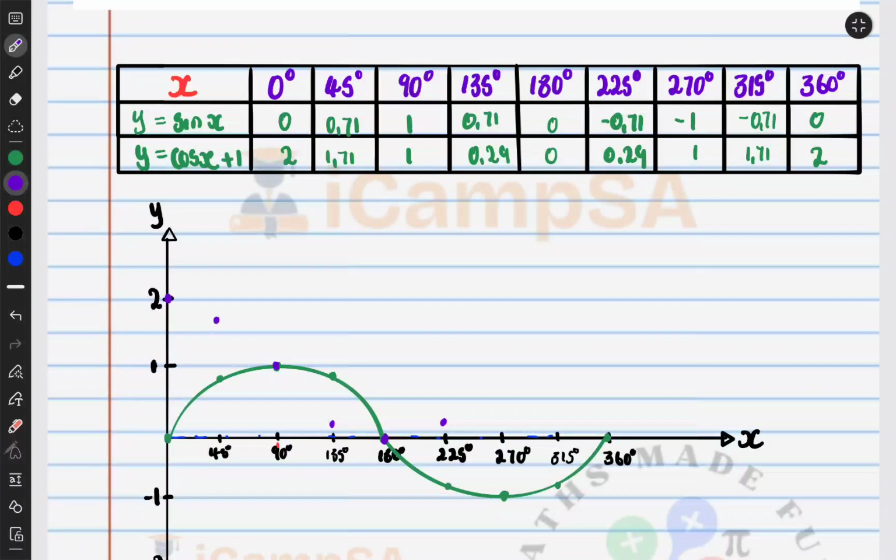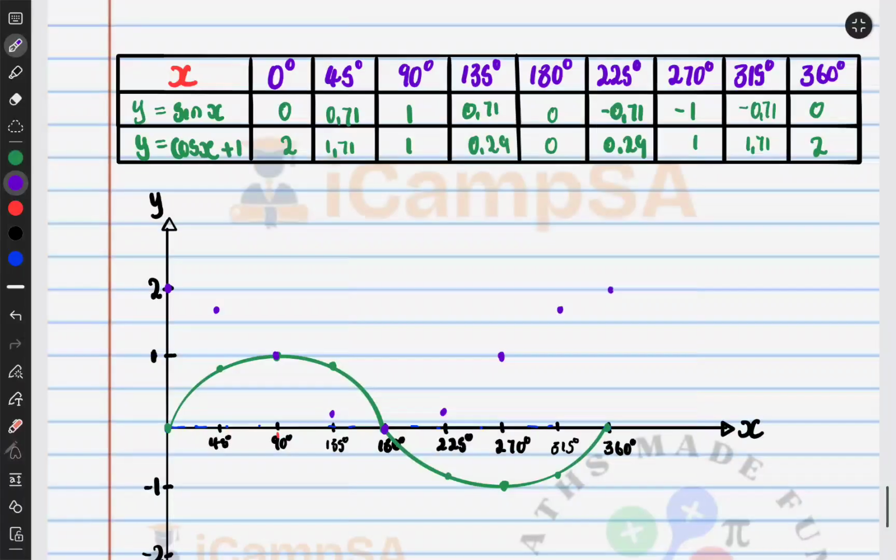At 270, it's 1. There. 315, 1.71. There. And 360 is 2. Then we join our points.